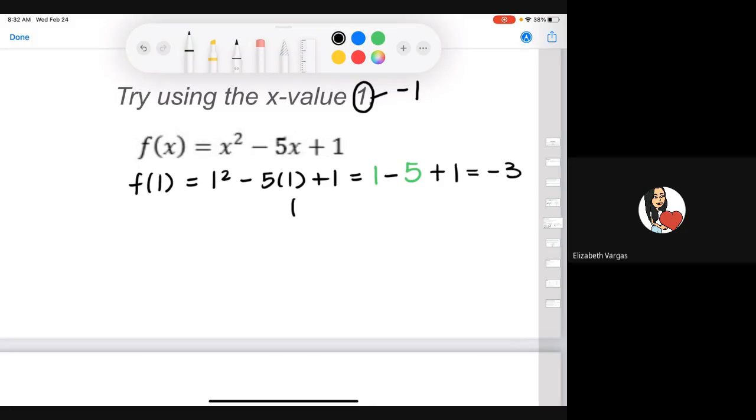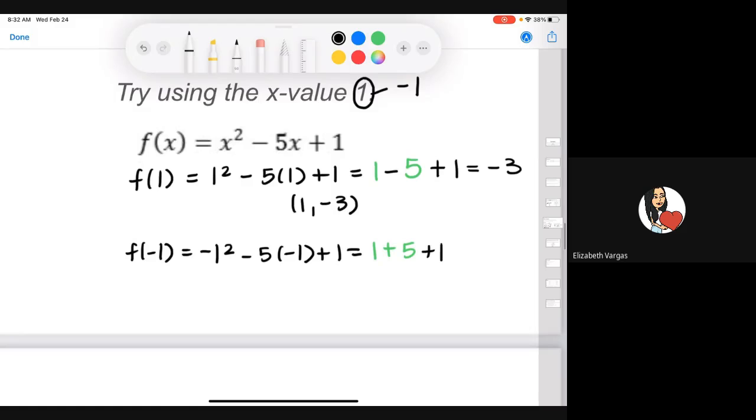So what did we get? Whenever we put in a positive 1, we get negative 3. Now let's try our negative 1. What does this give us?